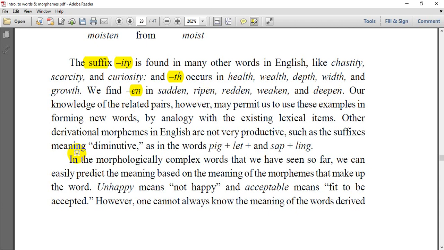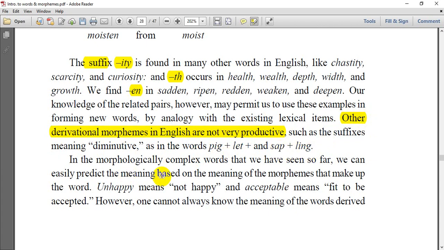Other derivational morphemes in English are not very productive, such as the diminutive suffixes, as in the words piglet and sublink.